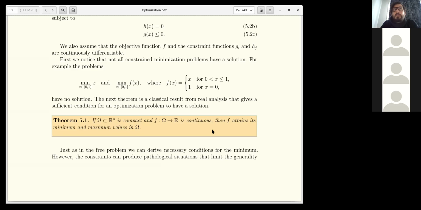So we will derive a certain set of conditions under which the optimum can be found, but we cannot guarantee that this works unless certain properties of these constraints are satisfied. So we'll take a look at that next.